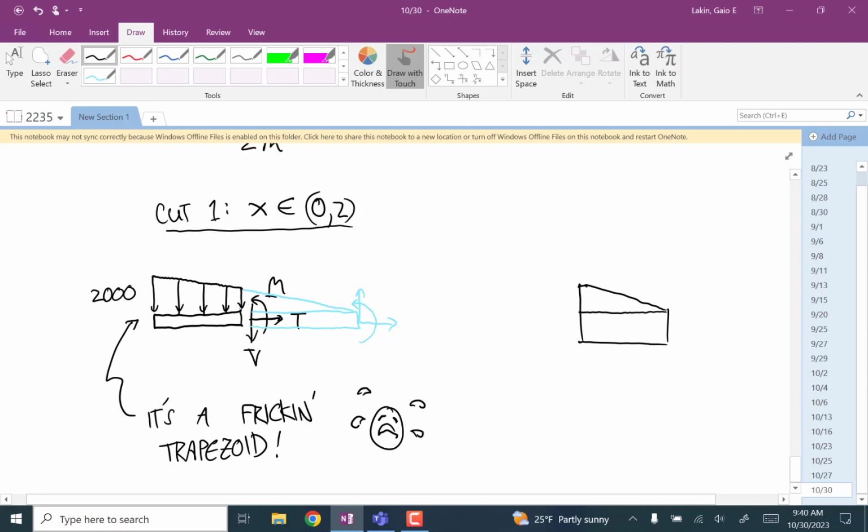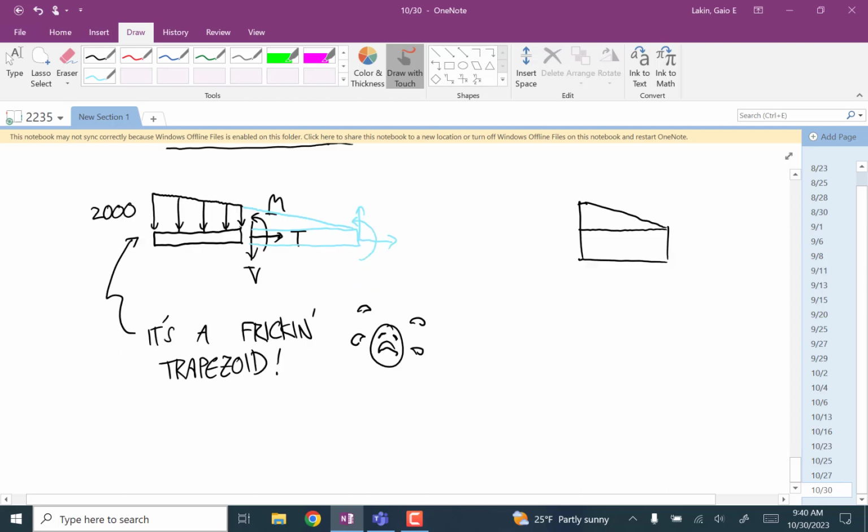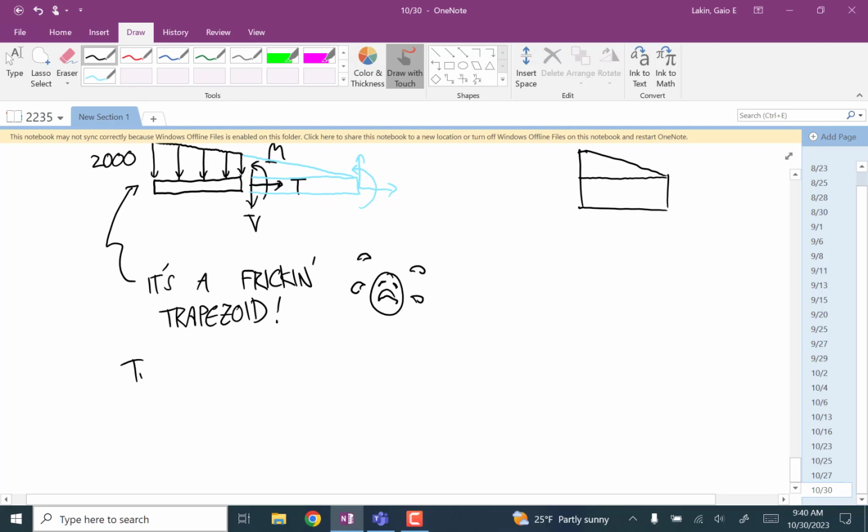And then the height of the whole thing would be 2,000. So this would be 2,000 minus Q. It would be a pain, right? This you can do, but it's a pain.